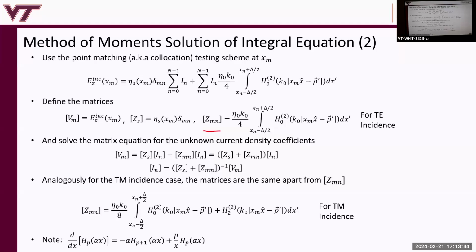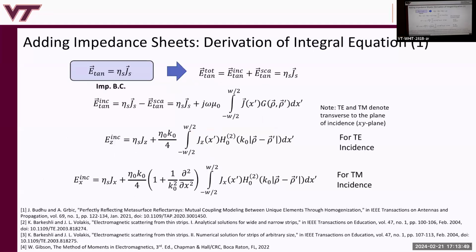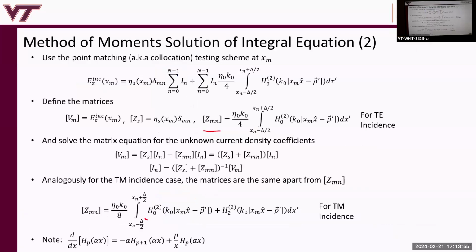The derivatives that we had to take of the H naught function, in this case, led to H naught plus H2. So for the TM case, the Green's function splits into H naught plus H2, because of this derivative.